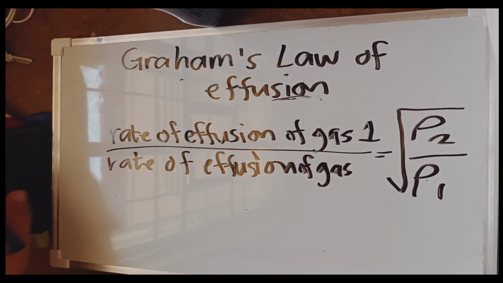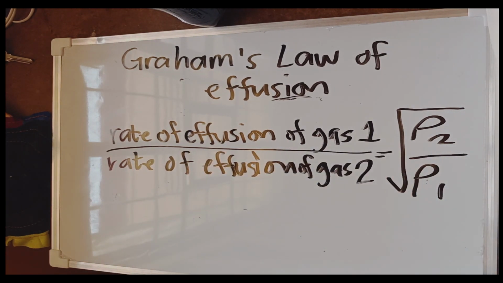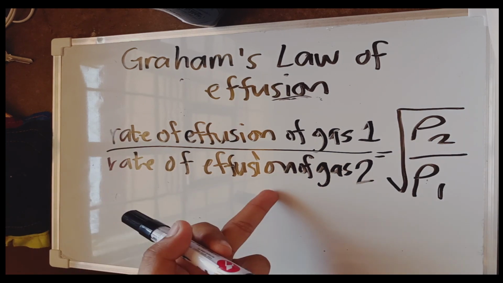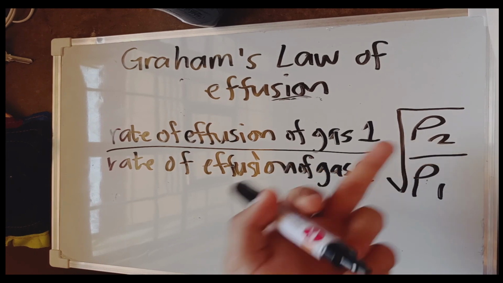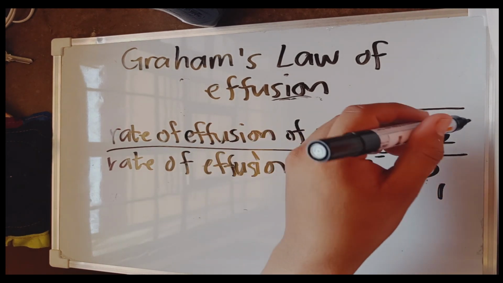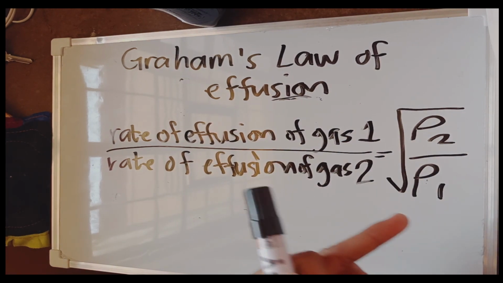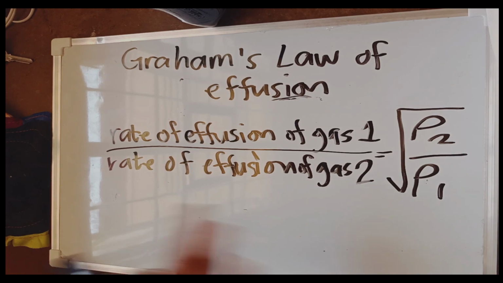Why is this a formula? Because as I have told you earlier, they are inversely proportional. Look here: rate of effusion of gas 2 is in the lower part, but the density is in the top, right? Gas 1 is at the top, and the density is in the lower part. So that means they are inversely proportional.